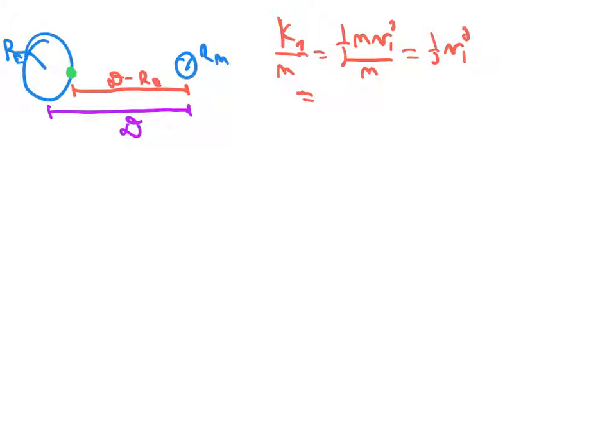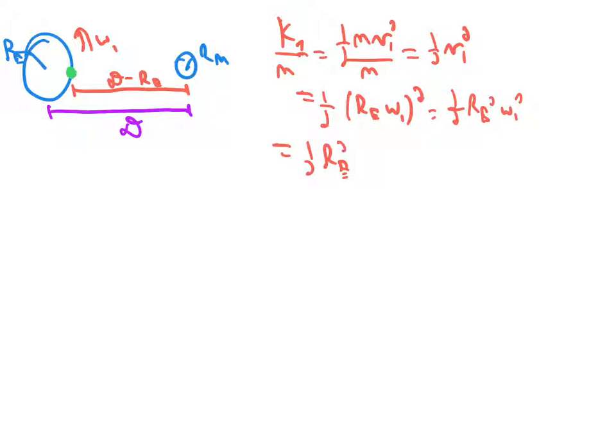Then I'm going to recognize that v1 can be written as the radius of the Earth times the rotational rate of the Earth, and that all squared, of course. So I get 1/2 R_E squared omega_1 squared. And then I remember that omega is 2 pi over the period, and the reason for doing all of that is that I know the period.